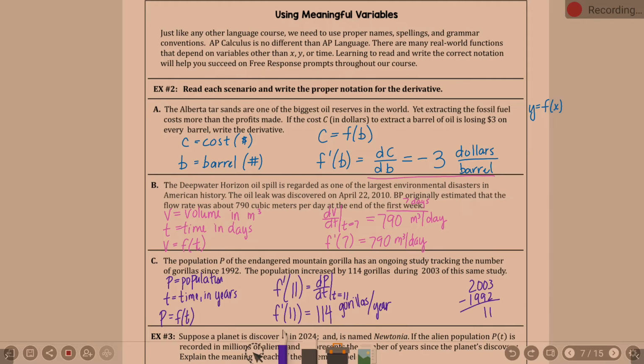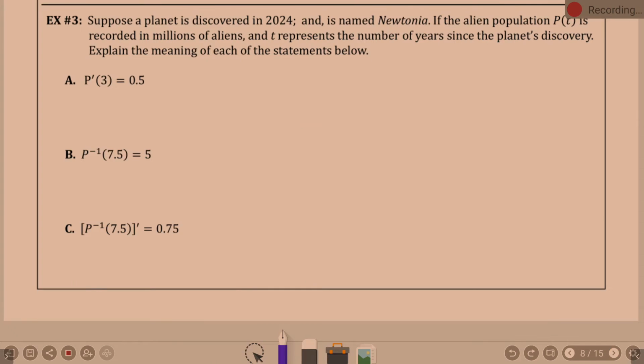Okay, ready to try 3? Example 3. We're going to be given a situation here, and our job is going to be to explain what these pieces are, what they are in words. So, suppose a planet is discovered in 2024 and is named Newtonia. If the alien population, P of t, is recorded in millions of aliens, and t represents the number of years since the planet's discovery, explain the meaning of each of the statements below.